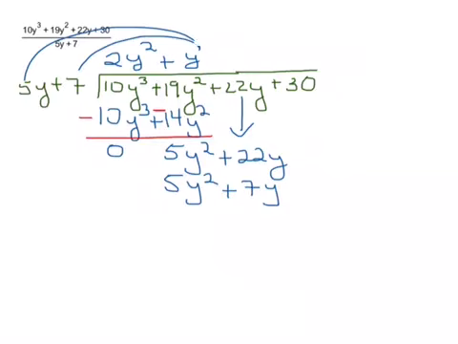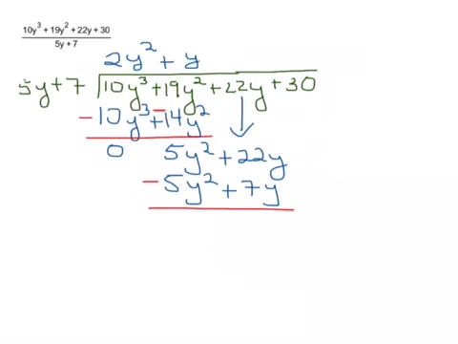Okay, to clean this up, I'm going to erase my distributing lines and go back to the next step. After we distribute, the next step is draw the line and change the signs. So we're subtracting.